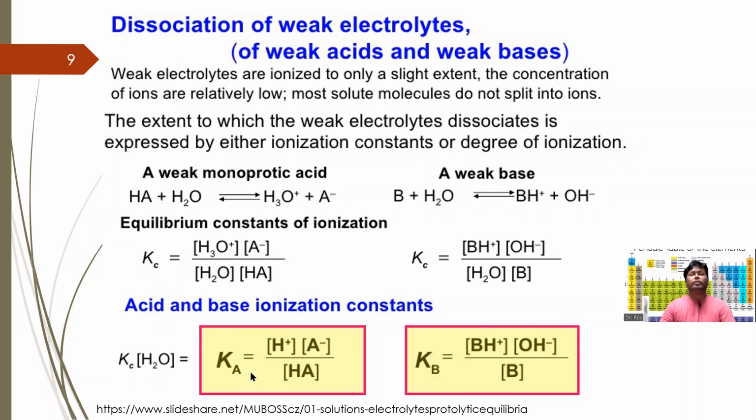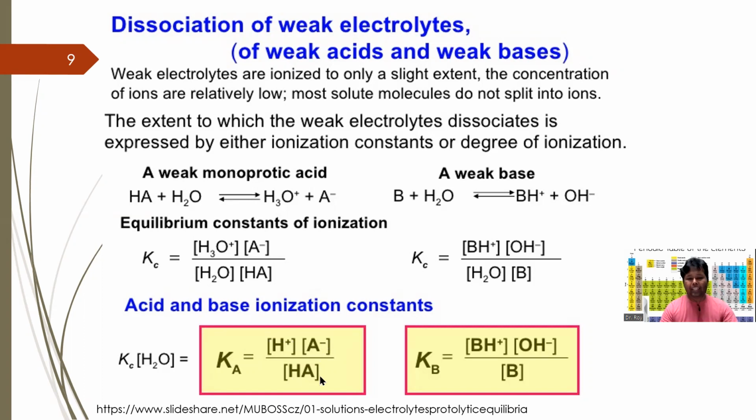We have mentioned that the dissociation or ionization of a weak acid is very small, or partial. That means the concentration of H plus and the concentration of A minus would be very small.